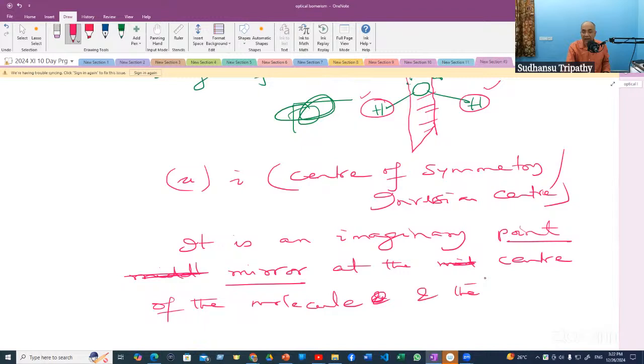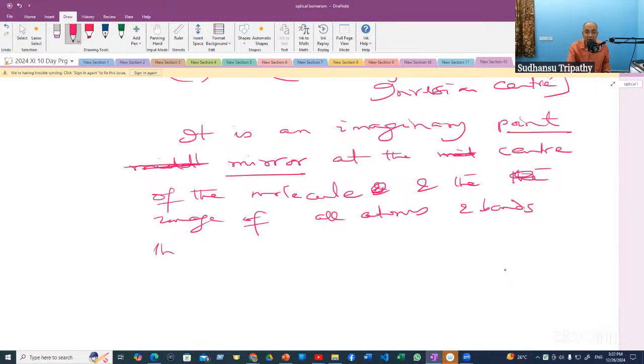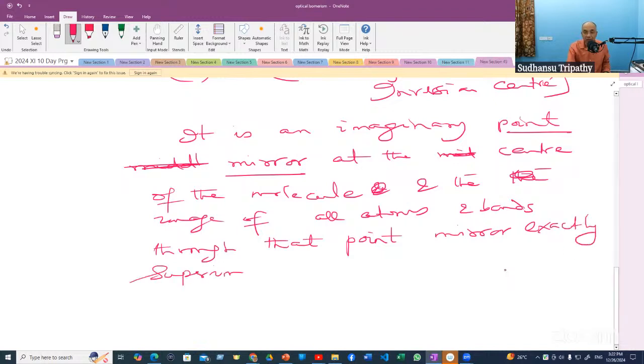And the image of all atoms and bonds through that point mirror exactly superimposes the original form before reflection.